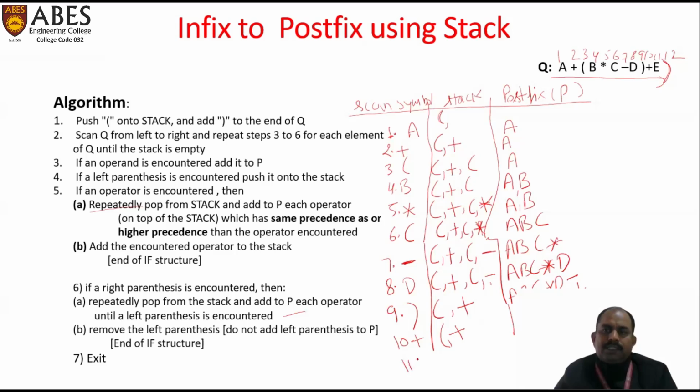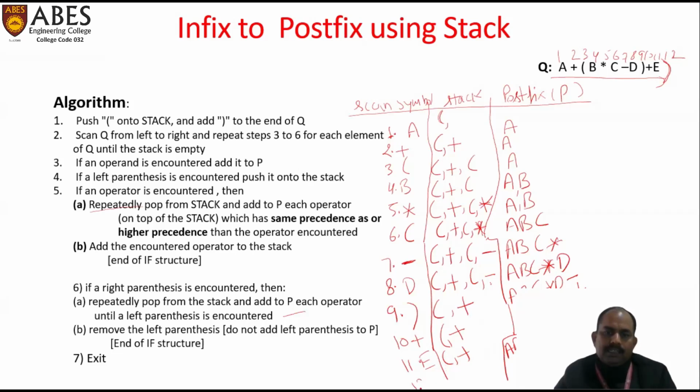Now in the 11th step, we have an operand. Here we have plus on the stack, and the expression is A, B, C, star, D, minus, plus, and after that we have E. So E is added to the expression P.